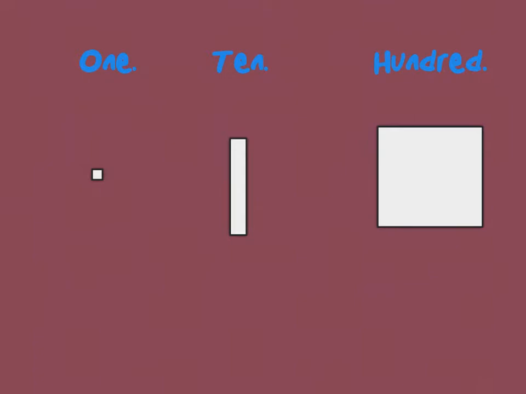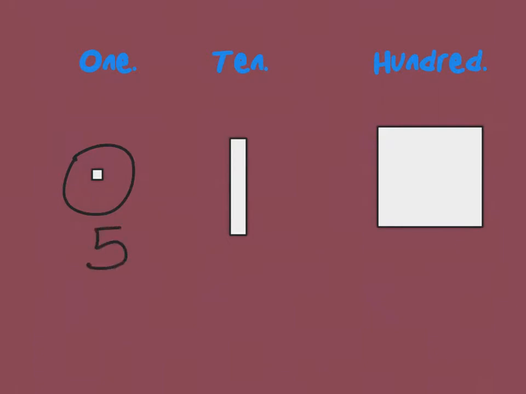To begin, let's go over the place values of ones, tens, and hundreds. Single digits are represented in the ones. They can either be by themselves or included in a multi-digit number, indicating that there are however many ones. So let's say you have the number 5.